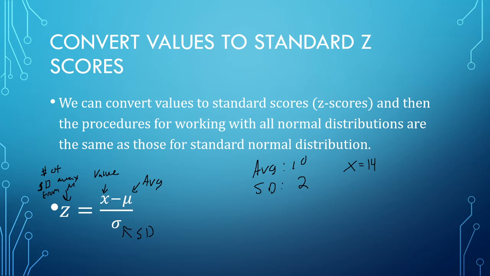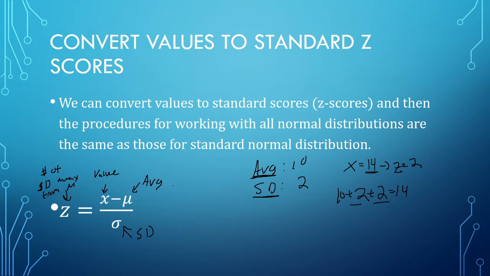Well, without even doing this formula, you know it's 2, because it's 2 and then 2 more. So 10 plus 1 deviation plus another deviation is 14. So this would have a z-score of 2 because it takes 2 deviations to get from the average to that value. So think about the z-score as how many deviations you need to get from the value back to the average, whether you're going up or down.